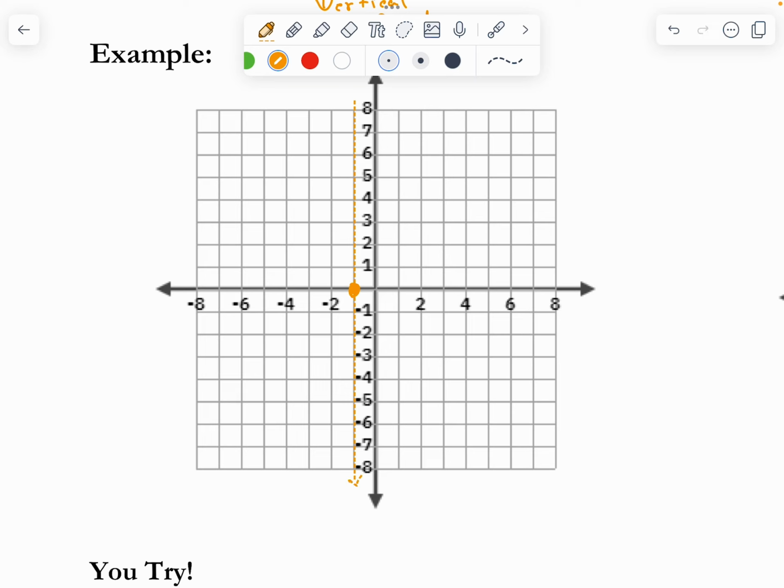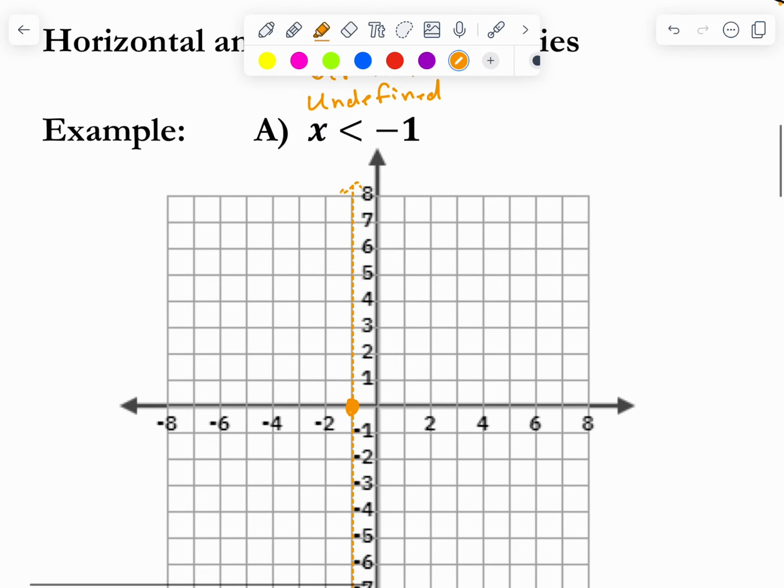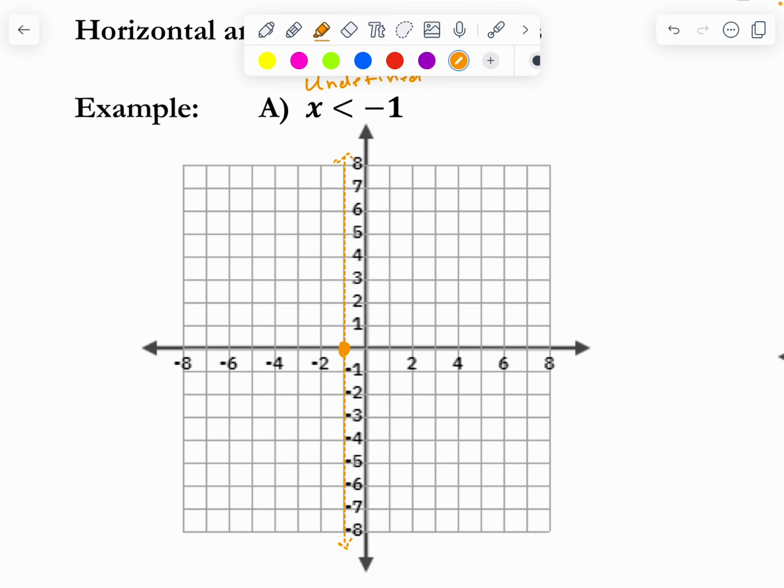So here it is. That's my dashed line. You guys could have also made your own dashed line, right? But that's how mine's going to look. It looks a little weird, but that's okay. And now, here we go. We want any number less than -1. So what's a number less than -1? -2. What else? Well, -3, -4, -5, anything to this side, right?